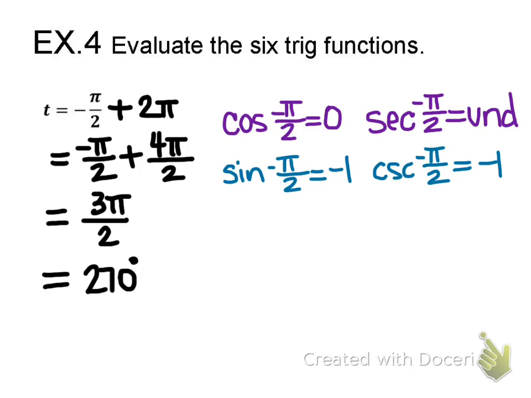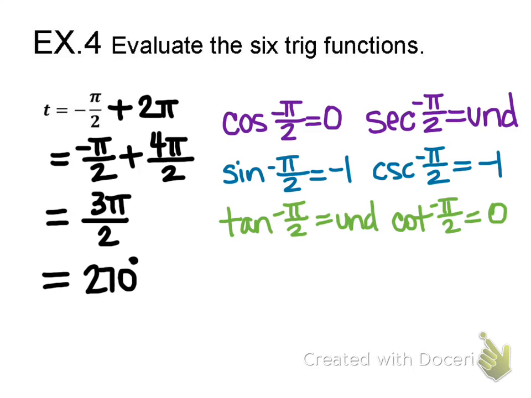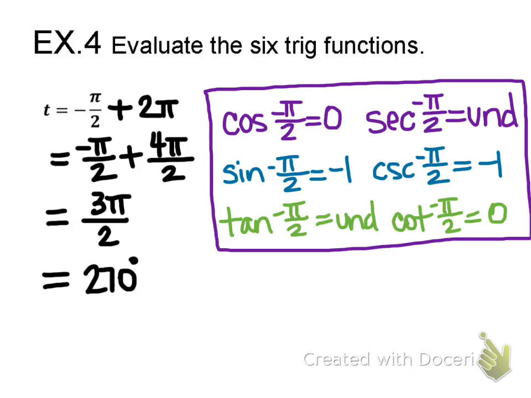Its reciprocal cosecant will also be negative 1. Tangent of negative pi over 2 is undefined. So that means its reciprocal, cotangent, is equal to 0. Anytime you see undefined and 0, they're always going to be reciprocals of each other. So those are the 6 trig functions for negative pi over 2.